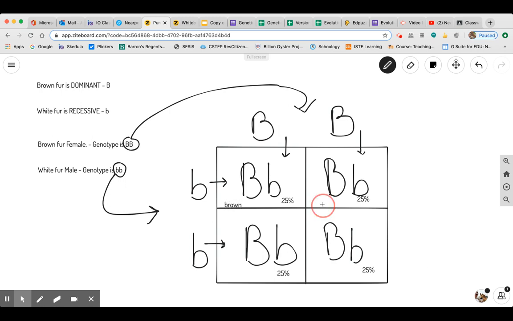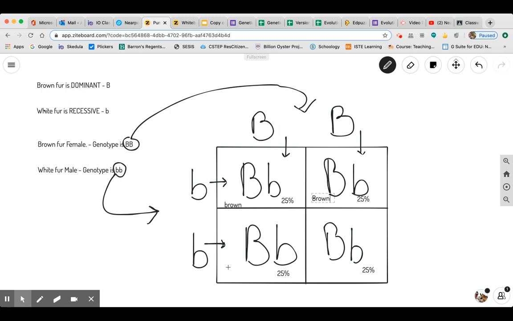Next box, go over one, and we have an uppercase B and a lowercase b. Again, the uppercase B is the dominant gene or the dominant allele. Therefore, it is the only thing that is going to show. It is going to dominate over the lowercase b. So again, you're going to have the color fur here, brown.